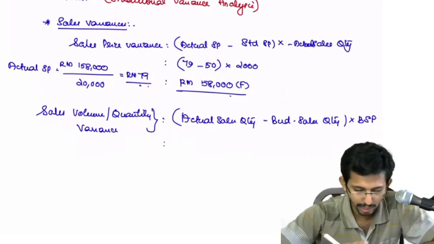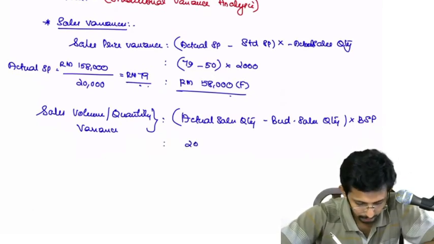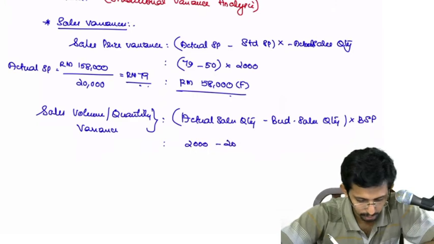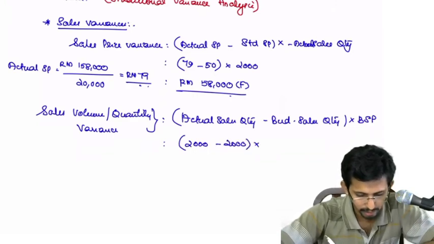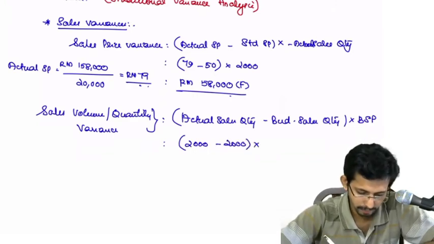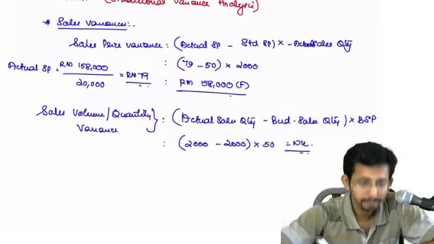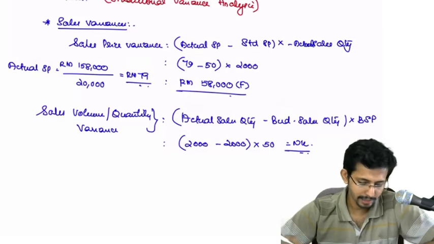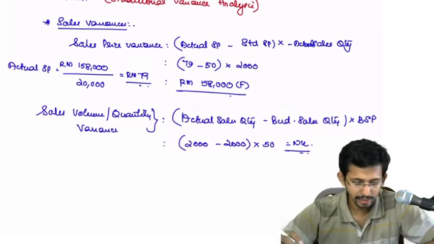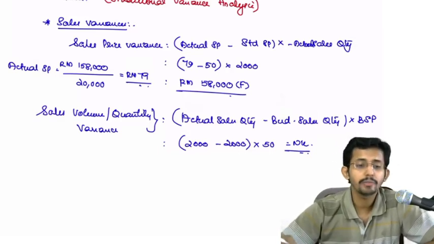That is equal to, what was actual sales quantity? 2000. Budgeted was also 2000 into budgeted selling price was 50. So this is nil. Okay, so sales variance is sales price variance, that is RM 58,000 favorable.